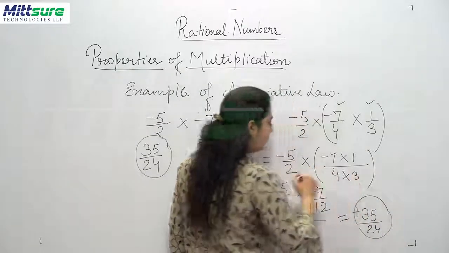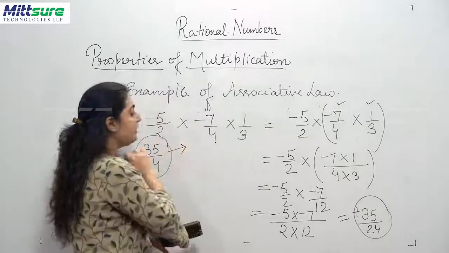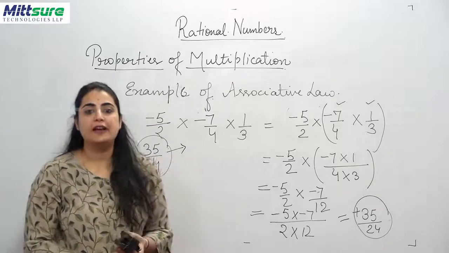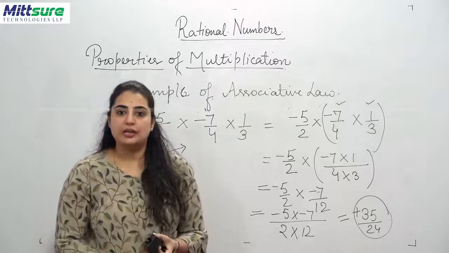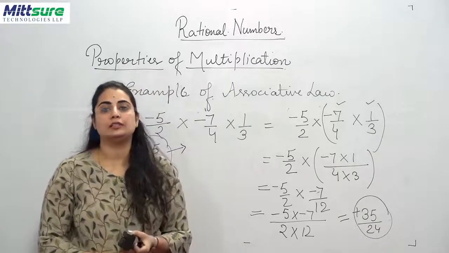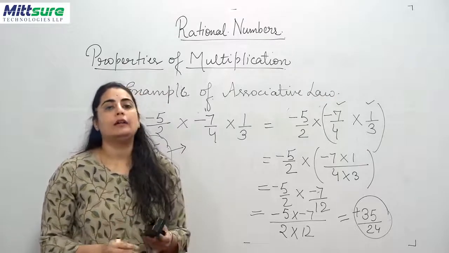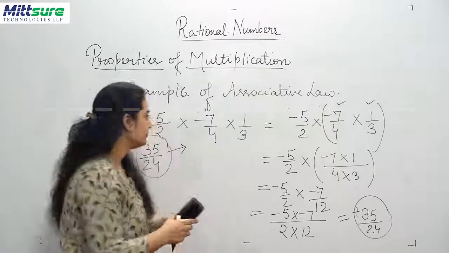So here I got 35 upon 24, which I have already got in the first case. So this confirms or this verifies the associative law of multiplication on rational numbers, that whenever any 2 or 3 rational numbers are grouped together in any of the order, their product will not change in any case.